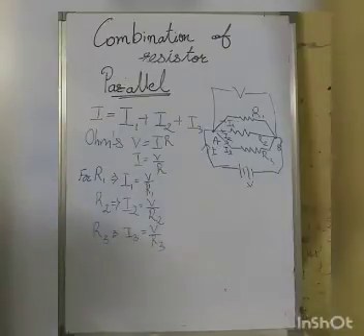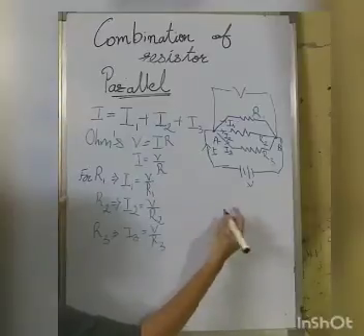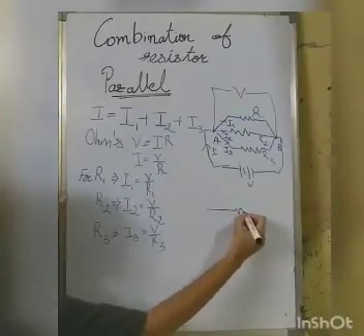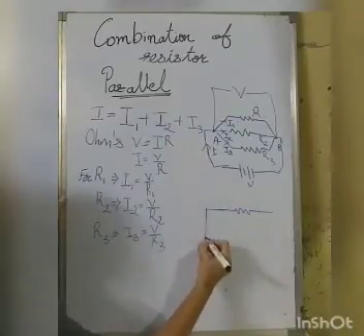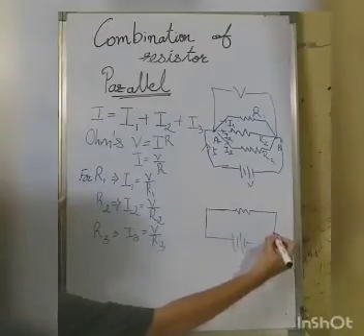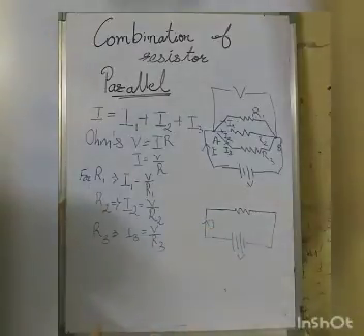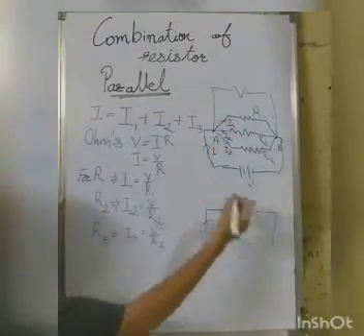Students, please keep noting down these things. Now I have told you the equivalent resistance is a resistance which will have the equal value of all these 3 resistances, and the same amount of current will flow if we replace this combination.